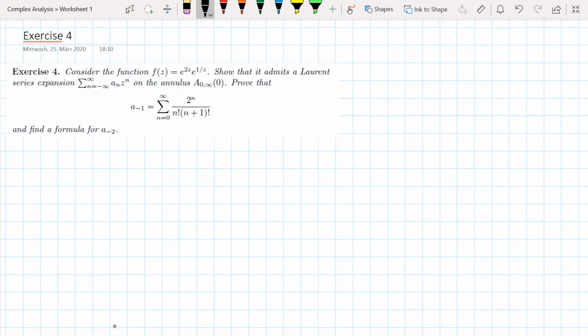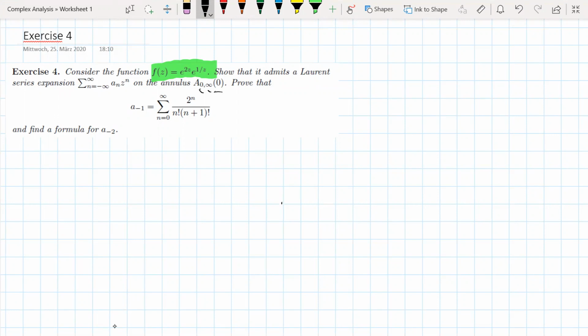So we are going to consider the function f of z, which is equal to e to the 2z times e to the 1 over z. We want to show it admits a Laurent series expansion on the annulus centered at 0, with inner radius 0 and outer radius infinity.